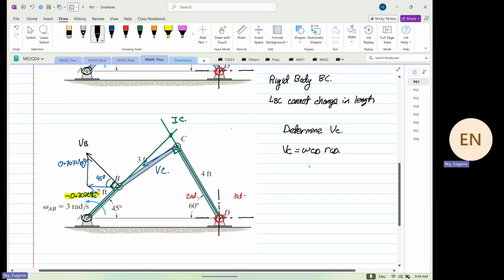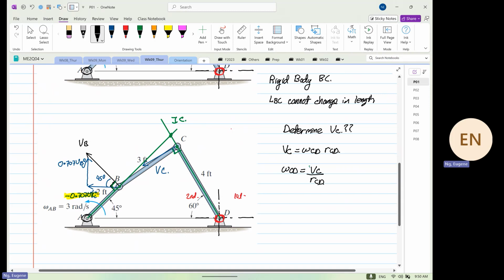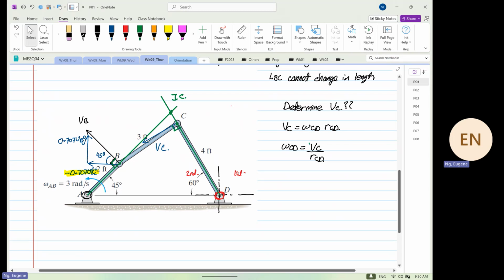Then from here, omega CD is equal to VC over RCD. So that is the long run, the next few steps. But first of all, we have to determine what our VC is. So from here, we are going to apply the instantaneous center.